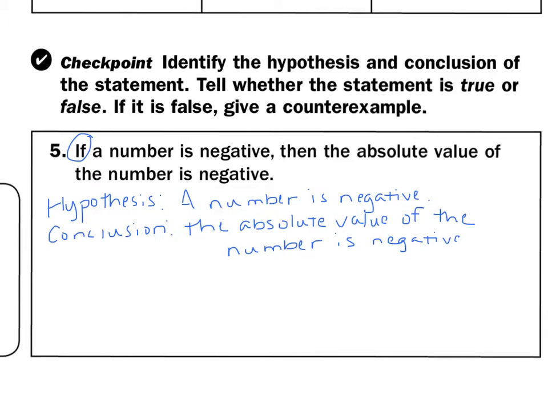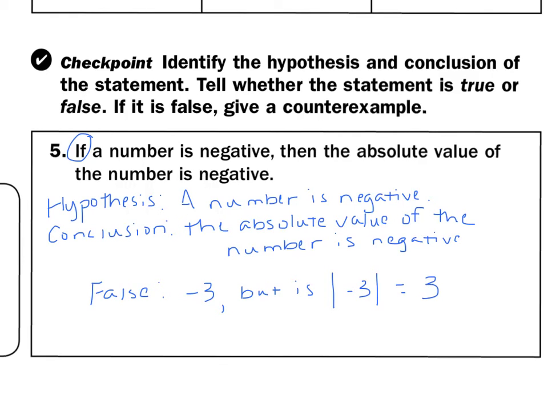Is the statement true or false? It's false. A counterexample that we could give is that negative 3 is negative, but its absolute value is equal to a positive 3.